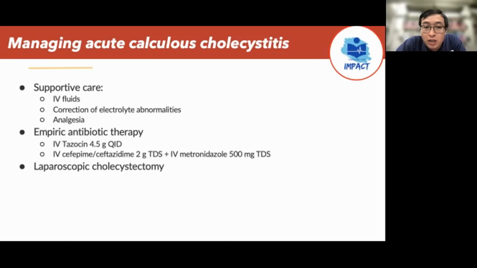The other component is a lap chole. We know that there are stones in the gallbladder, and the stones are the underlying cause of the presentation. So the definitive management will involve a laparoscopic cholecystectomy.